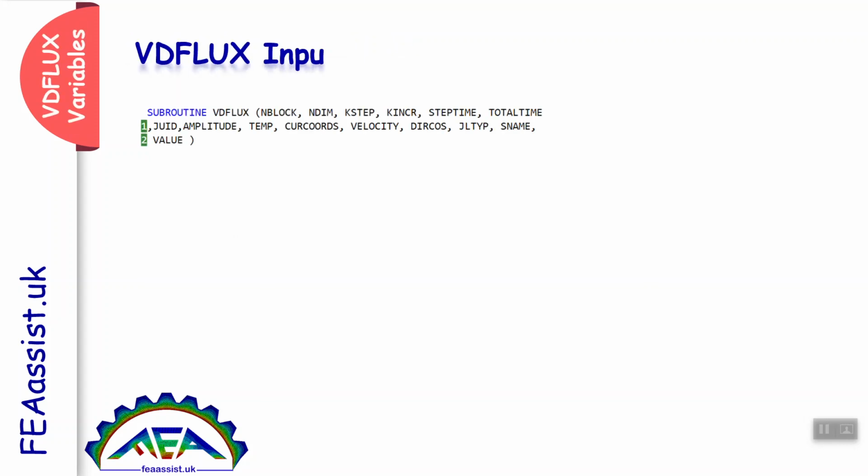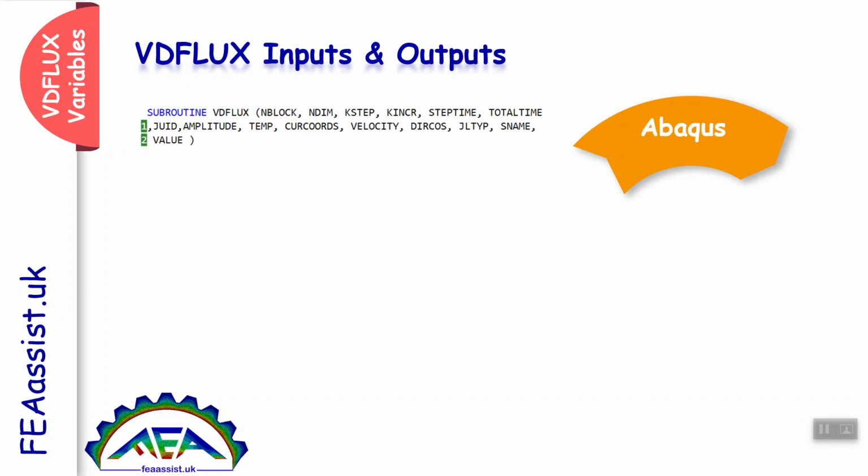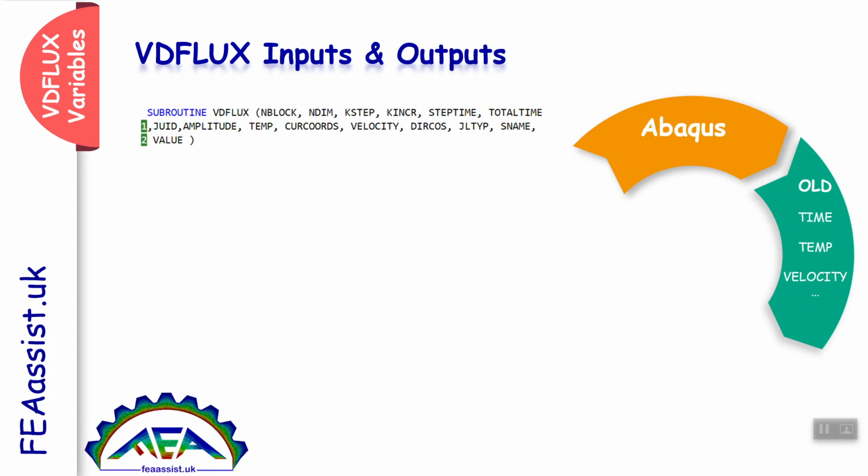VDFlux variables. VDFlux has some inputs coming from Abaqus. We need to process them and export the value as an output to Abaqus. In other words, Abaqus computes some variables like temperature, velocity, and time, and these variables are transferred from Abaqus to VDFlux.